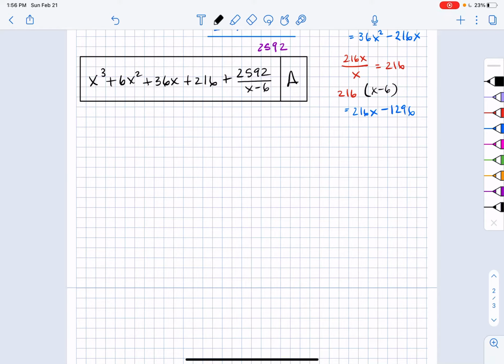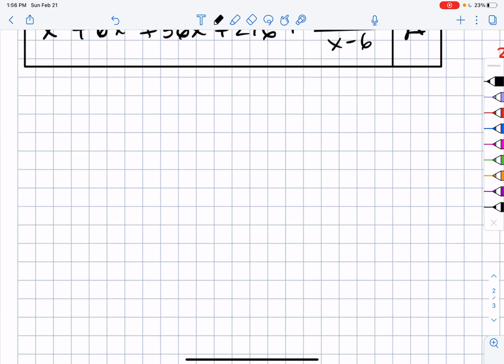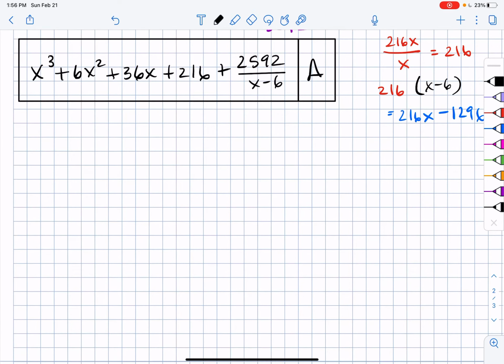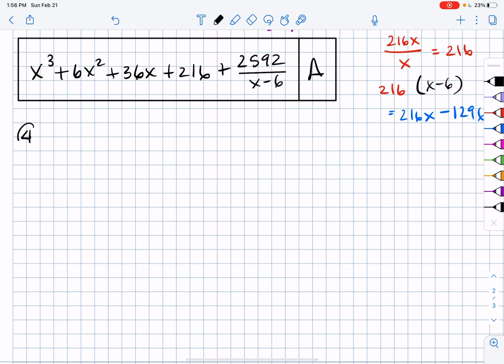Problem number 4 sounds confusing, but it really isn't. It tells you that p of x is equal to 3x squared minus 5x plus 4, and then it gives you this negative 2.